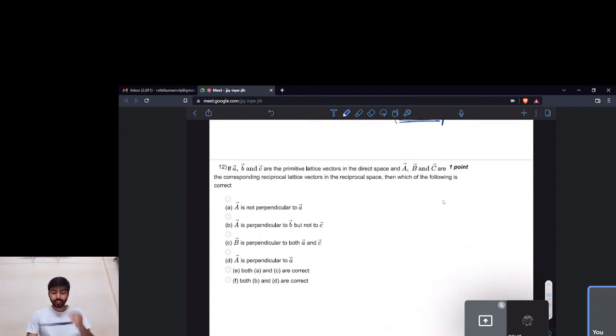Now the next question is, if a, b and c are primitive lattice vectors in the direct space, and capital A, capital B and capital C are corresponding reciprocal lattice vectors in the reciprocal space. Now what do we have here?